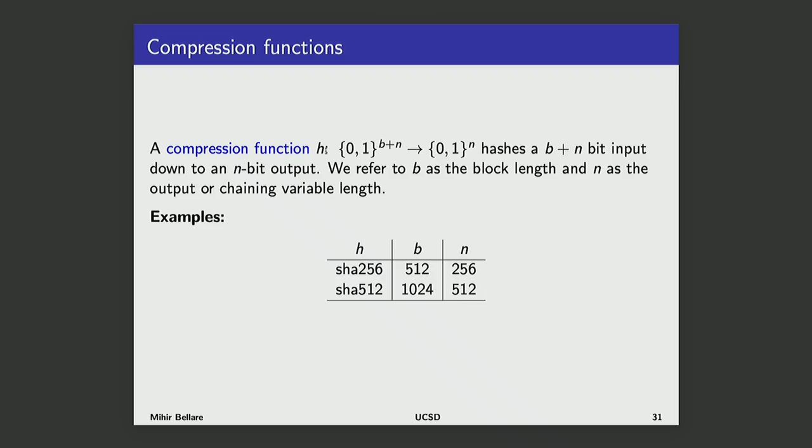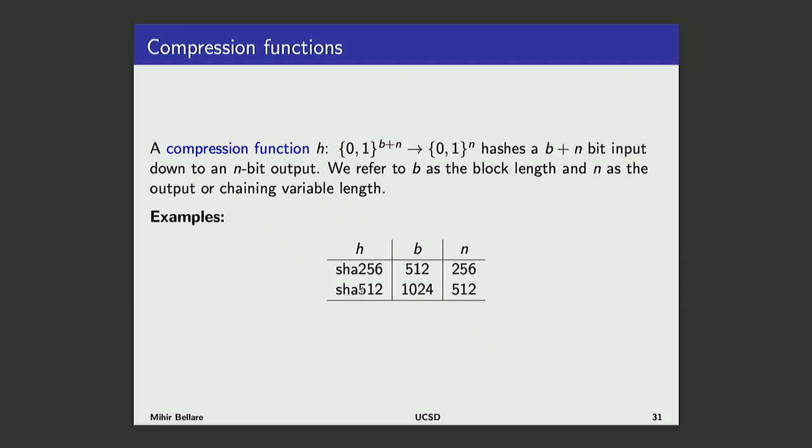Now we'll abstract that out. This is a function, in the keyless case here, that takes an input whose length is a block length b plus some output length n and hashes it down to n bits. In the case of SHA-256, the block length was 512 and the output length was 256.